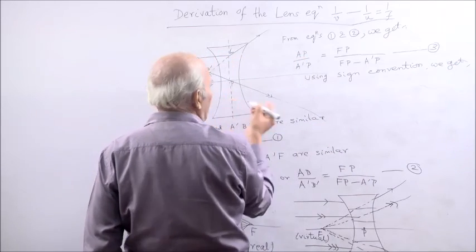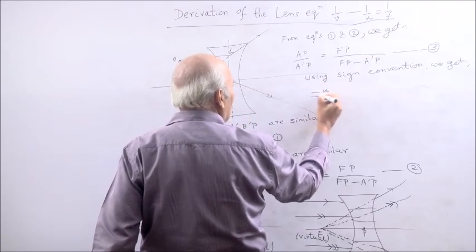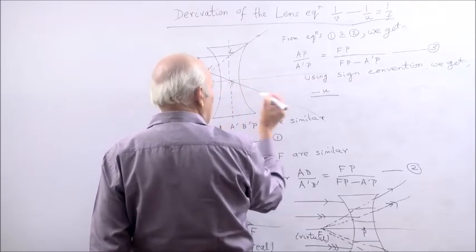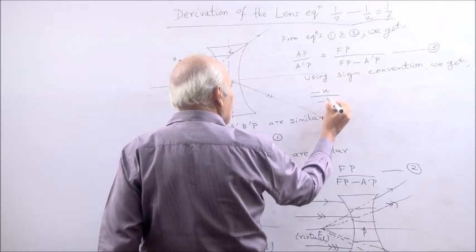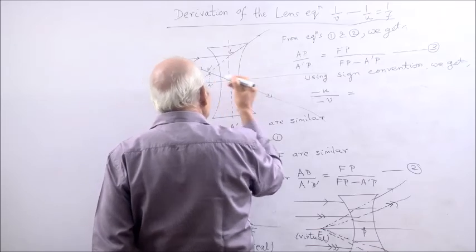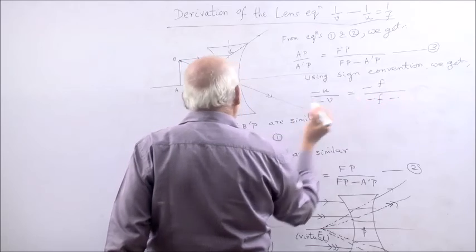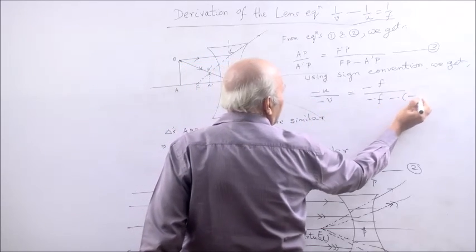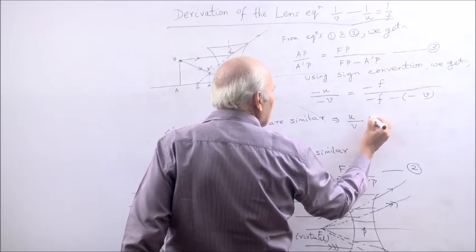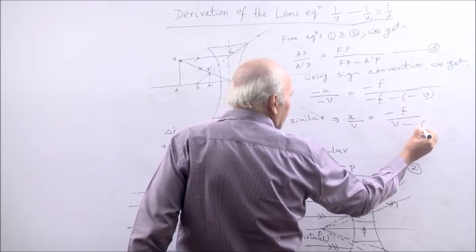AP is your object distance and it is measured from P to A, so it is minus U. Then A dash P is image distance, it is also measured from P to A dash, so it is minus V. Then FP is measured from P to F, so it is minus F. Then minus F minus A dash P is minus V. So, it is now U by V is equal to minus F by V minus F.